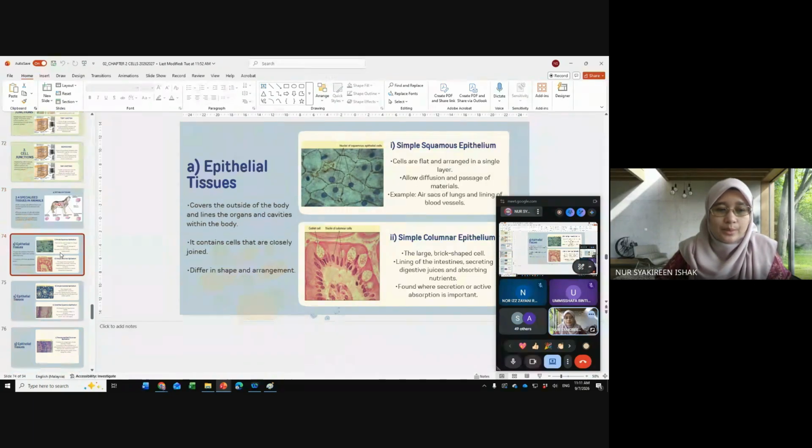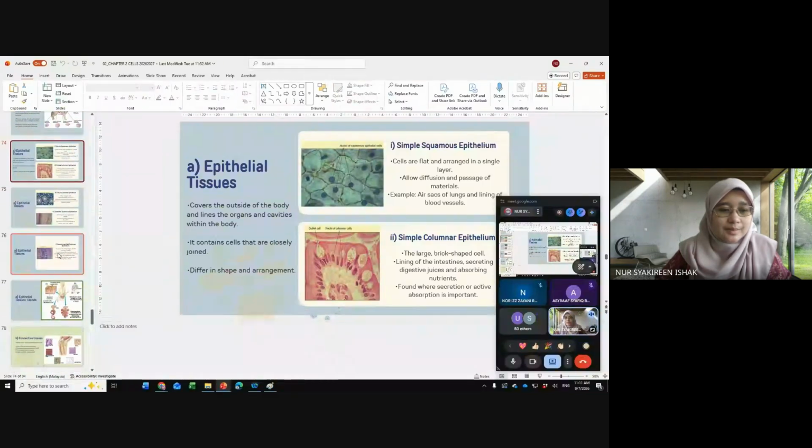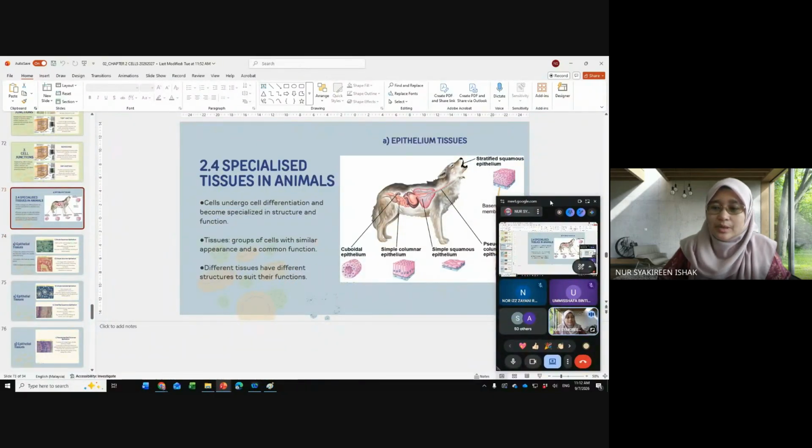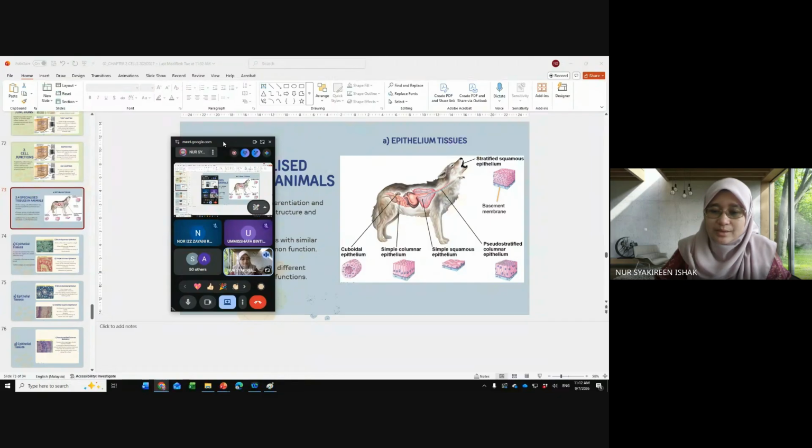We have covered all the different types of cells based on the shape of the cell and the layers of the cell. If the cells are layered as a single layer, the term we use is simple. If many layers, the term used is stratified.